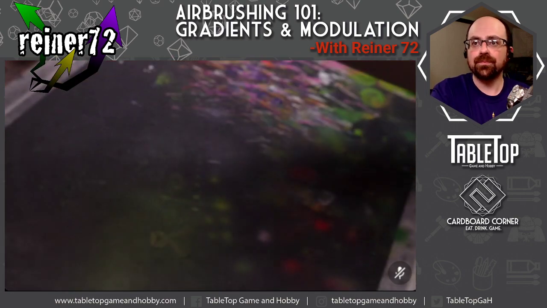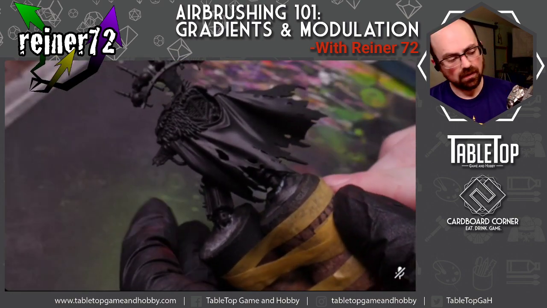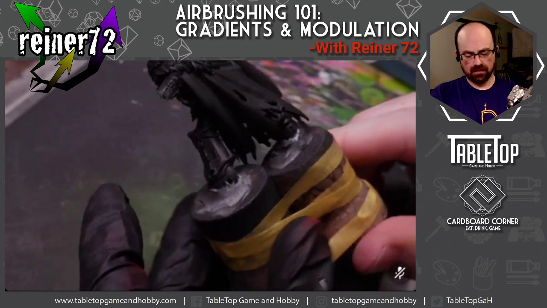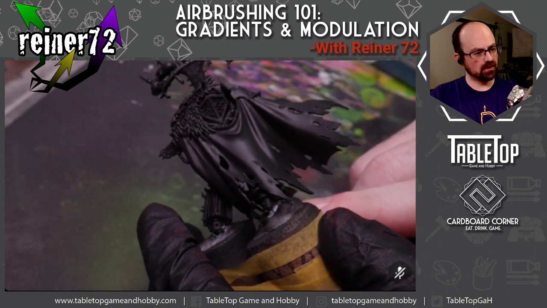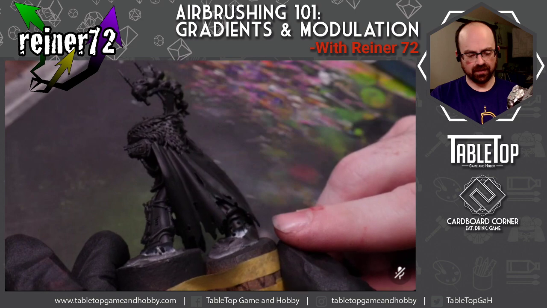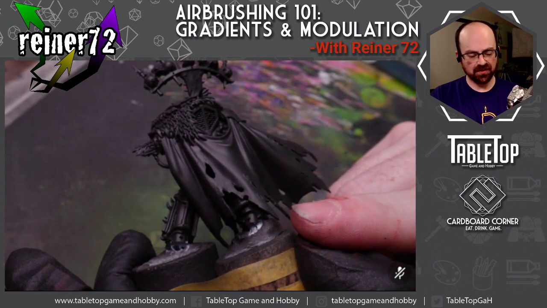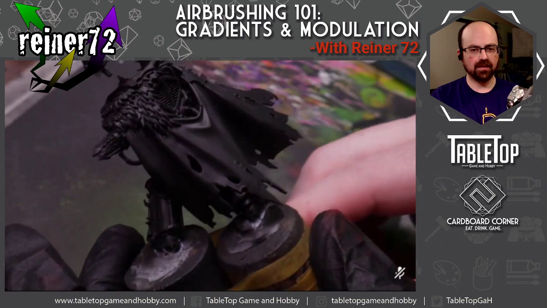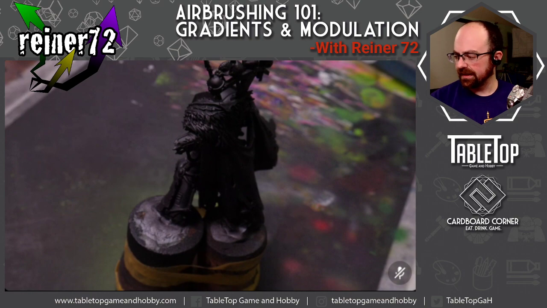So look at this. Another big thing that's a target for a lot of airbrush artists is cloth. This is another great opportunity to focus on those shadow tones, since there's a lot of texture in capes and stuff.